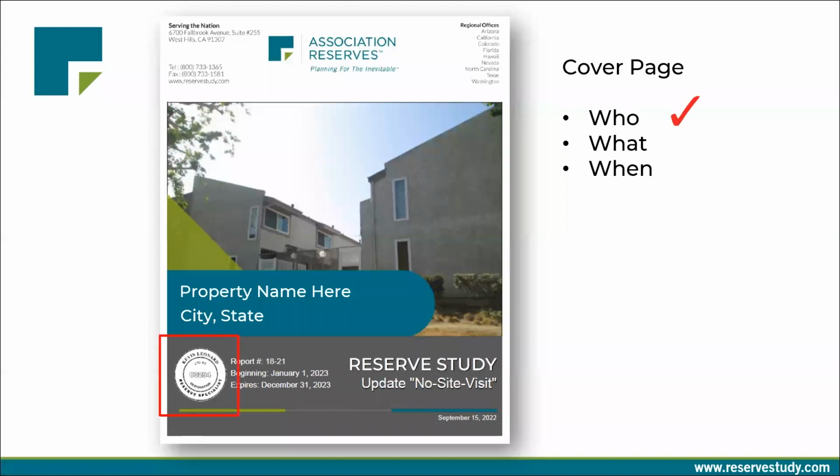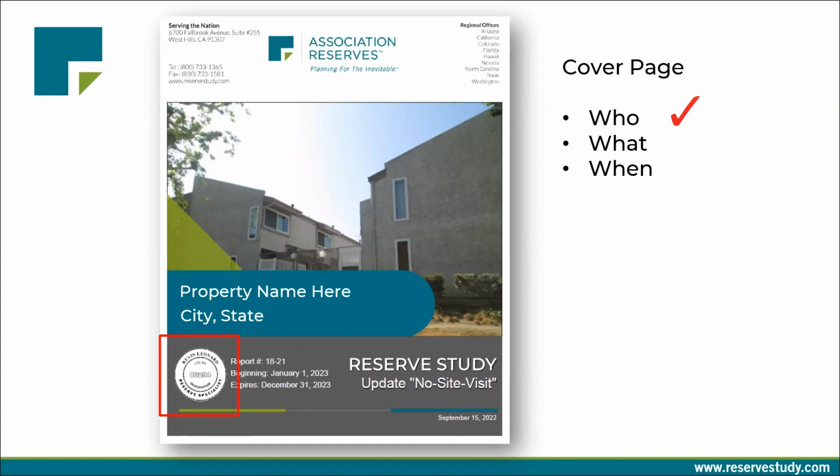And the first question is who? And look at the highlight here. It shows the credentials of the person who prepared it. What you want to look for is someone who has an RS or PRA behind their name. There'll be usually an RS or PRA and their credential number. That's the credential of a reserve study professional.